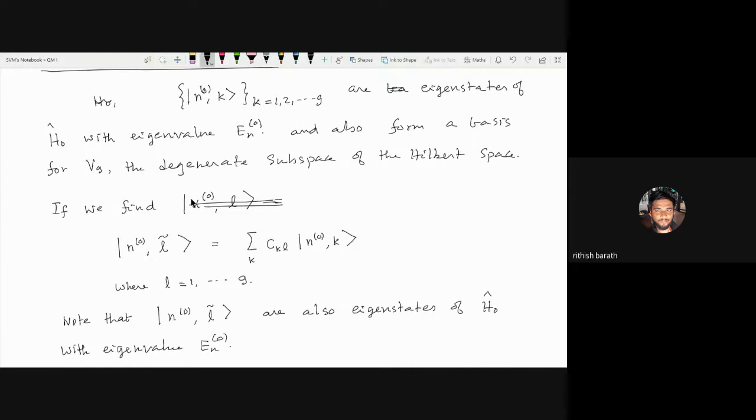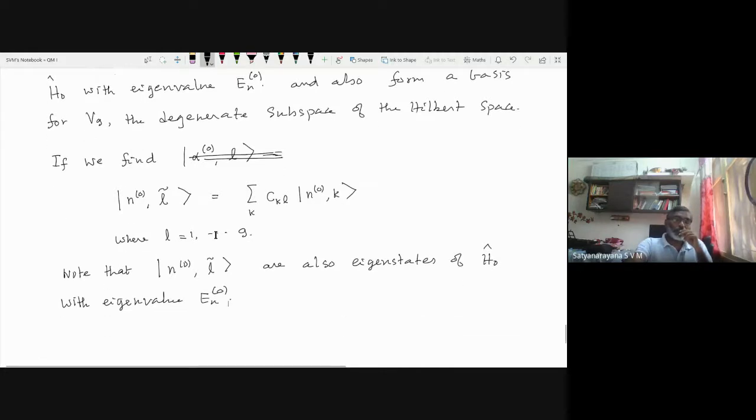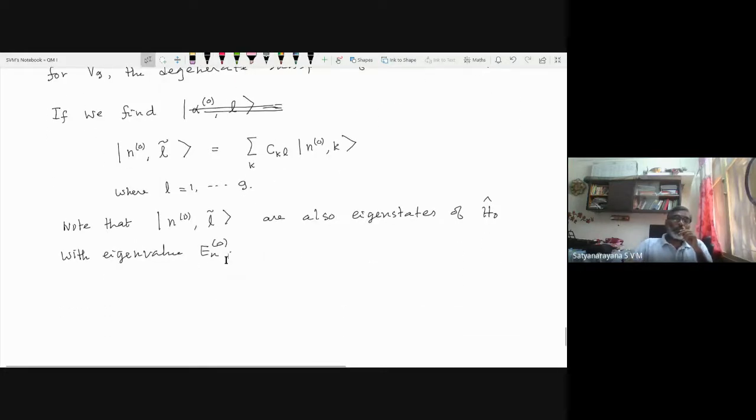En0, because it is some linear combination of states of Vg. That's all. This is another state of Vg. So these states are also eigenstates of H0.